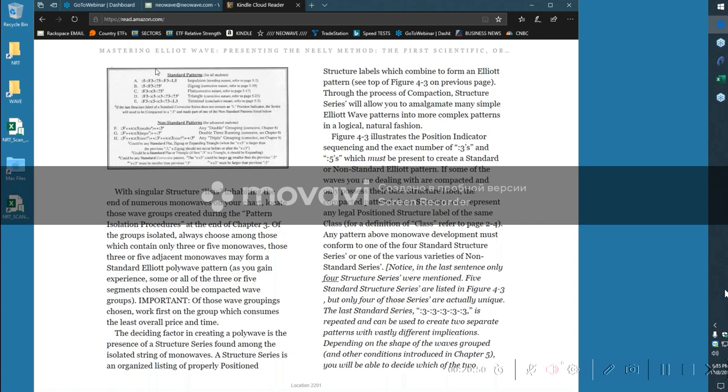Okay, so once you've figured out a sequence and you've decided that sequence is going mostly sideways, if it's impulse, if it's correction, which would be the 3 middle ones here, or if it's very directional, it would be this one or this one more likely. Once you've decided on that, then we have to move on to the next critical thing.